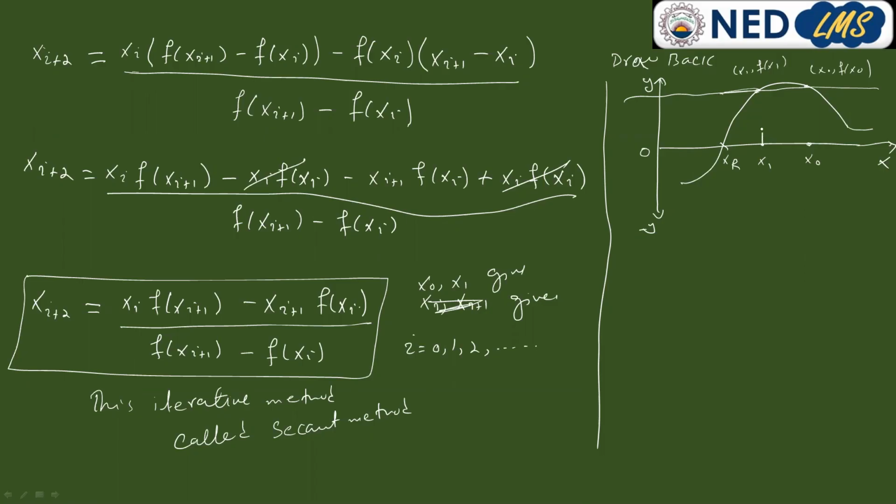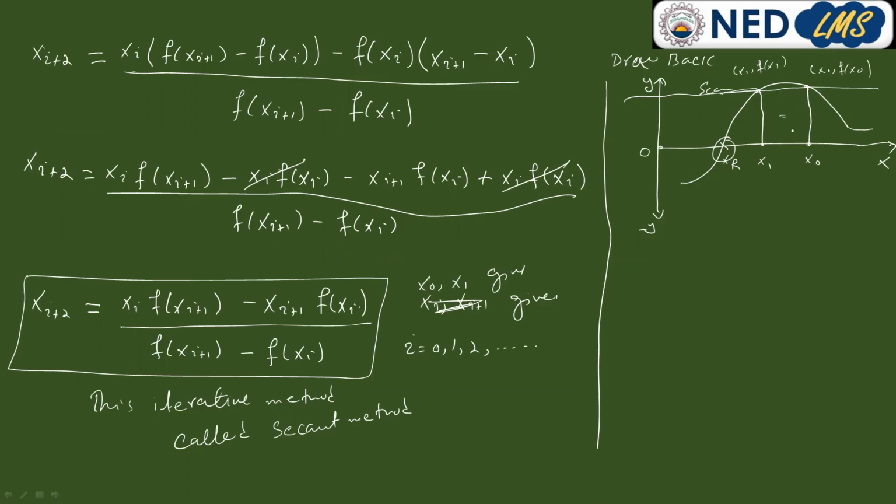In this case, the heights of f of x1 and f of x0 are the same. It could happen at any 2 points, not necessarily at the beginning. If the values of the function are the same, this problem may arise. Although the root exists, this method fails to converge because the secant is not going to intersect the x-axis. So the method fails. This is the drawback of the secant method.